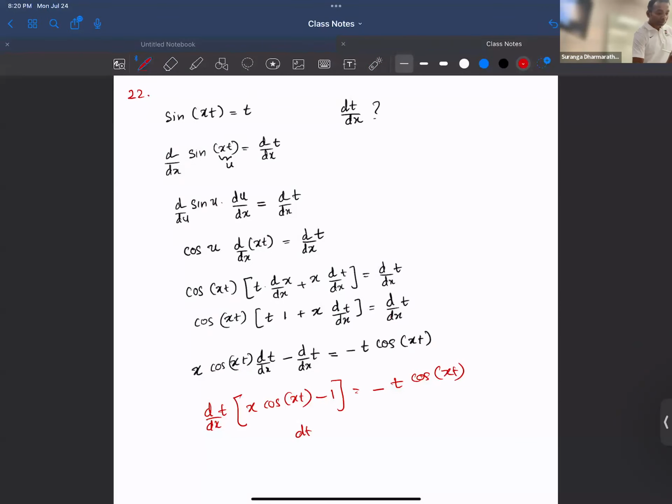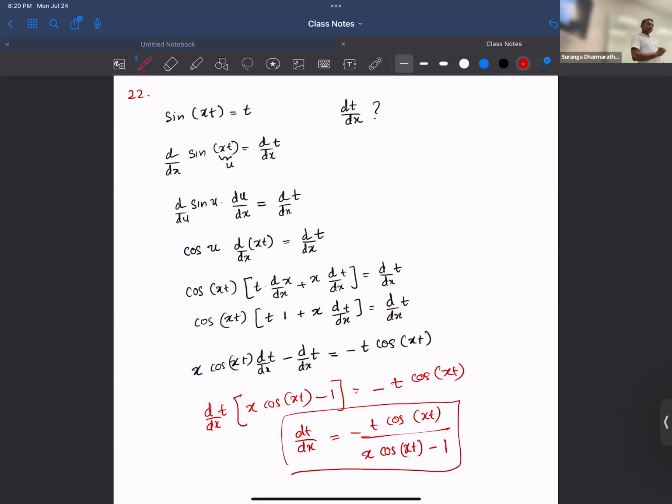Then you can find dt over dx is equal to negative t cosine xt divided by x cosine xt minus 1. Does that make sense? Are we all good?